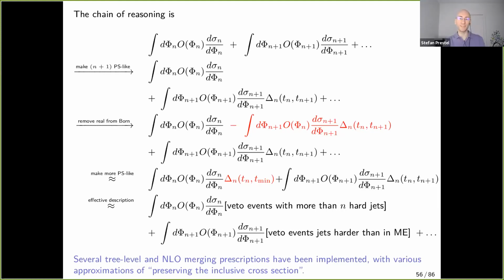You're right. It's actually a very good point, because there are subtleties in how to do this. Quite a few. More in the lectures, I would hope. And that slide also relates nicely to the first question about what an inclusive cross-section is, right? Because all of this merging procedure is only necessary because we're always talking about inclusive cross-sections for the n particle process, for the n+1 particle process, and so on.